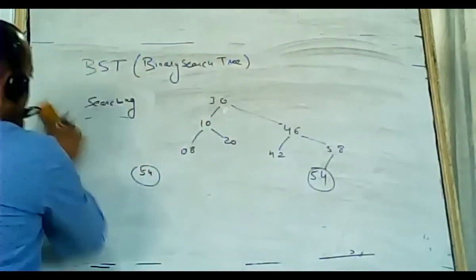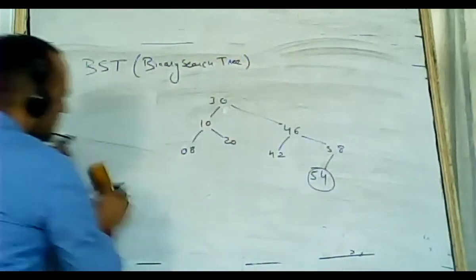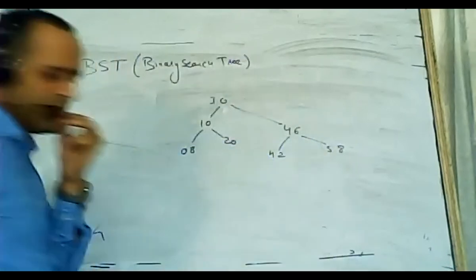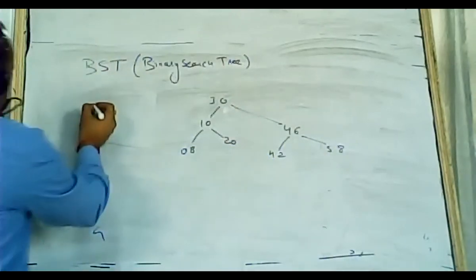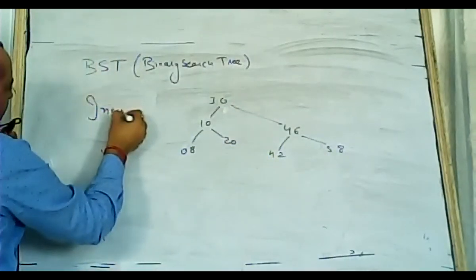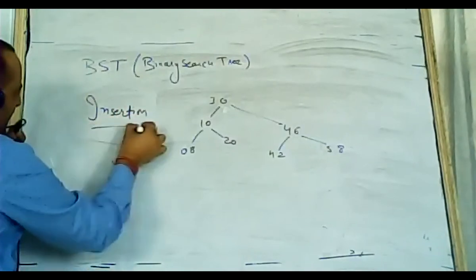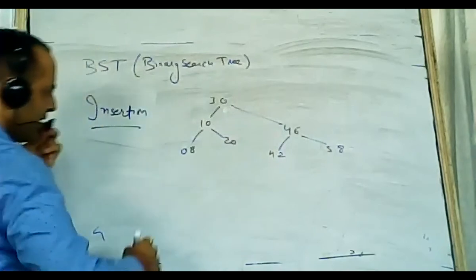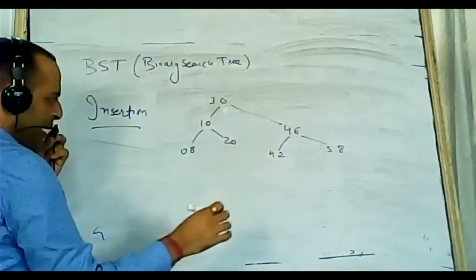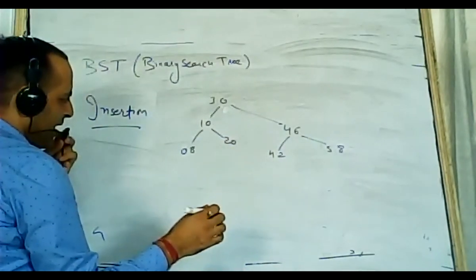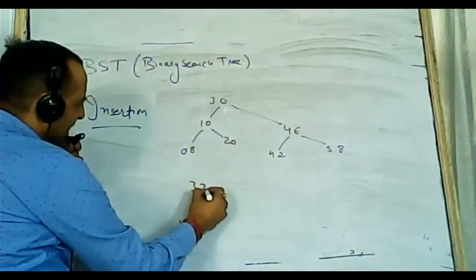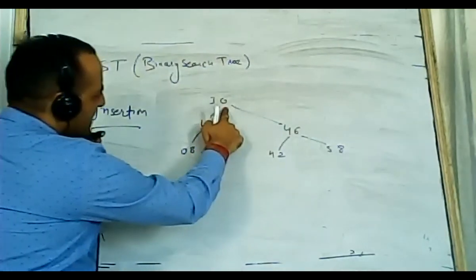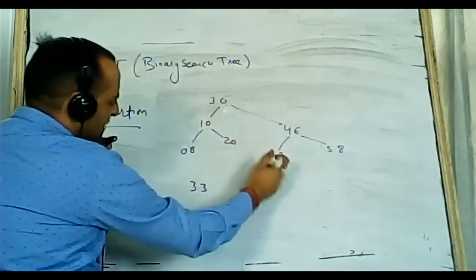Now, the next process, suppose this is my tree, is insertion into the binary search tree. Tell me any element I should insert here. Any numeric number. 33. 33 is greater than 30, less than 46, less than 42.